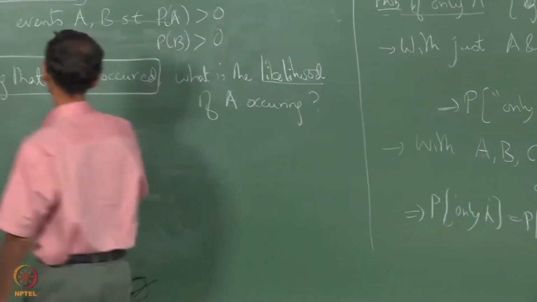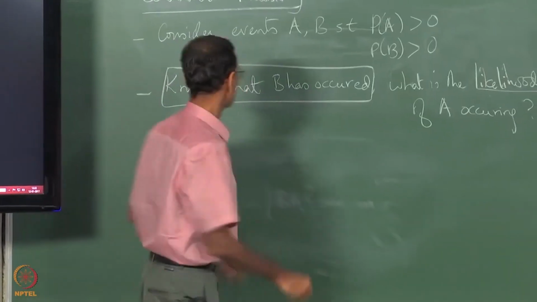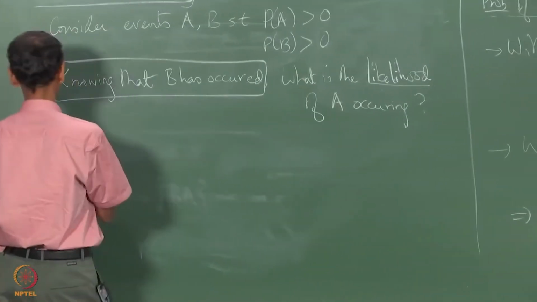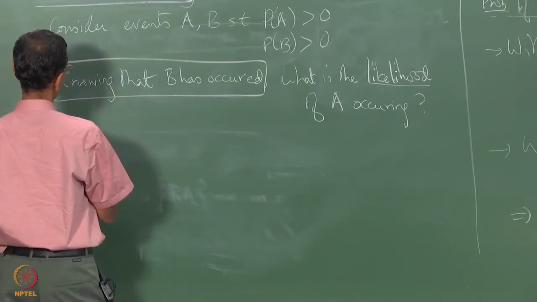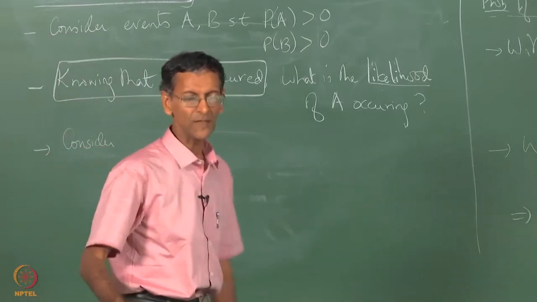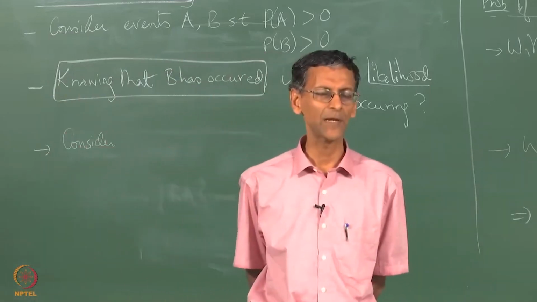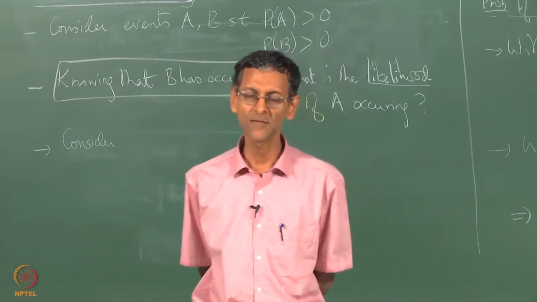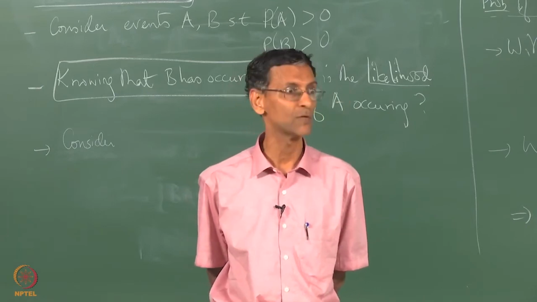For example, if you look at n trials, I believe in some previous class we used capital N for the number of trials, and I want to stick to that notation so that there is no confusion.